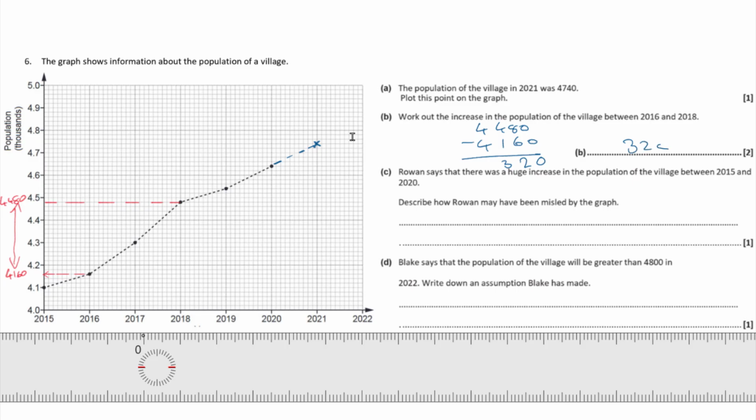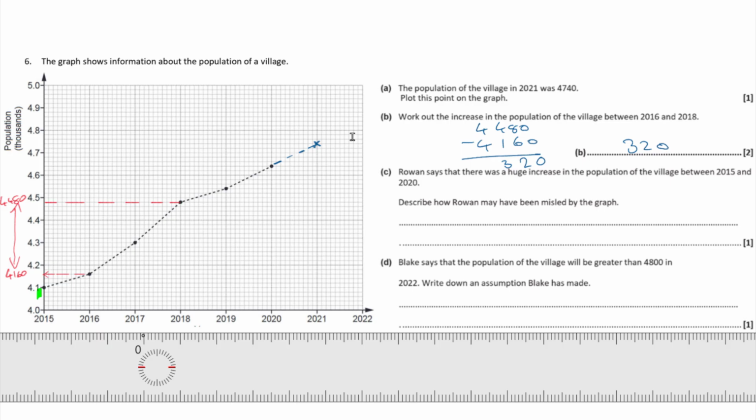So that's 320. Part C says, Rowan says that there was a huge increase in the population of the village between 2015 and 2020. Describe how Rowan may have been misled by the graph. Well, I think what he's thinking of is, if you look at 2015, the height of the bar is pretty low.